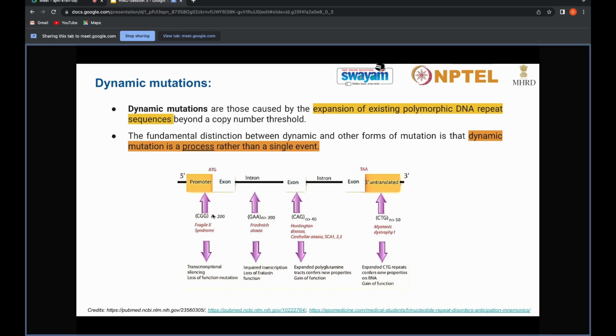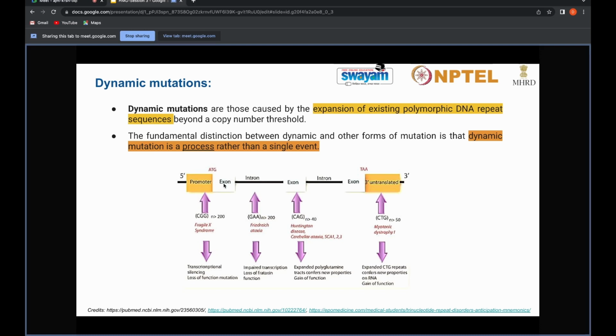For example, in the first, you can see Fragile X syndrome. This particular trinucleotide, CGG, whenever it expands beyond 200 repeats, it leads to Fragile X syndrome. And where this sequence is present, it lies in the promoter region. This is the region when you see the RNA: there are promoters, exons, introns, before the splicing has occurred, or you can consider it as a DNA sequence as well.